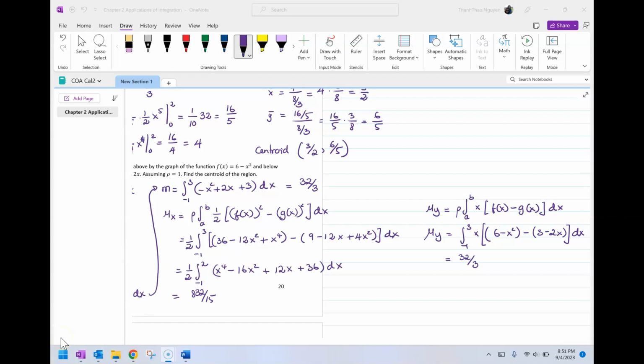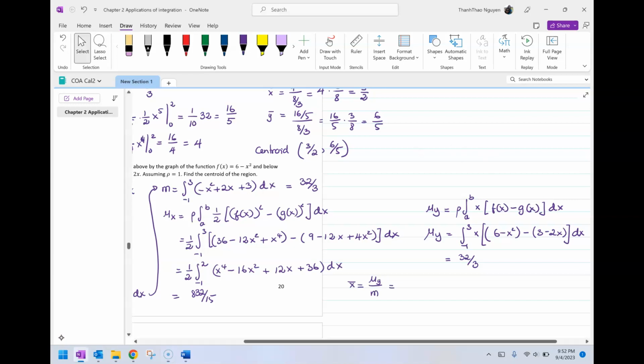So then the centroid x bar is equal to My divided by m. That is 32 over 3 divided by 32 over 3.